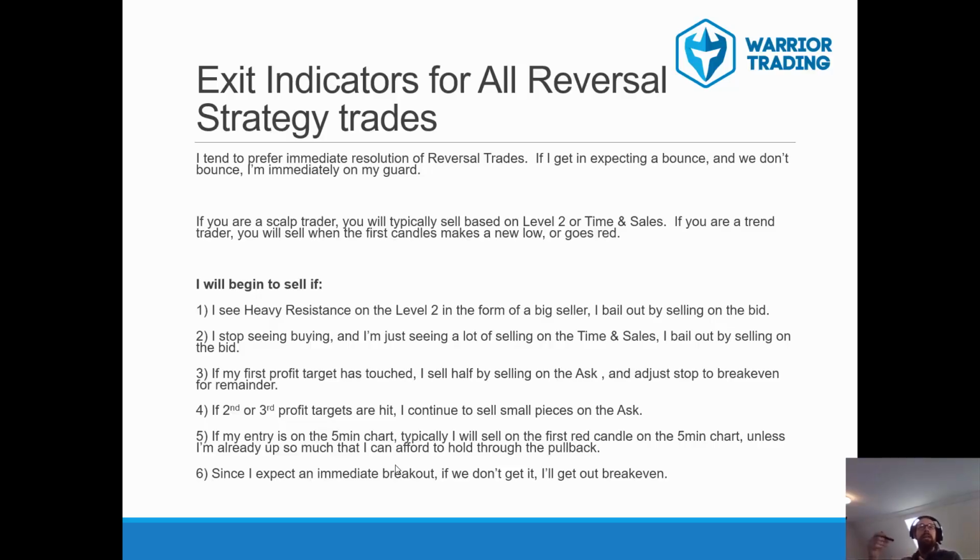If my first, second, or third profit targets are hit, I will start selling into the squeeze, into the momentum of the reversal. Number 5, if my entry is on the 5-minute chart, I'll typically hold until we get one candle on the 5-minute chart that goes the other direction, starts to go back down with the trend. And number 6, obviously, since I'm expecting an immediate breakout, if we don't get it, I'm out.